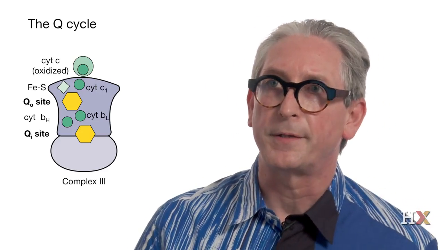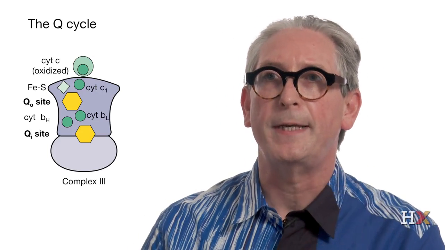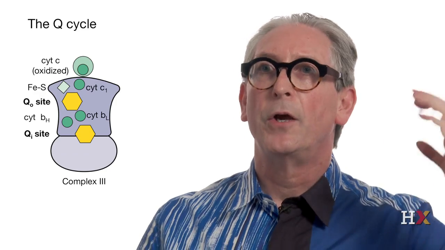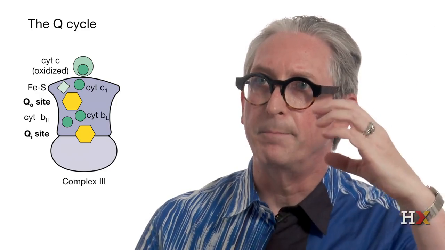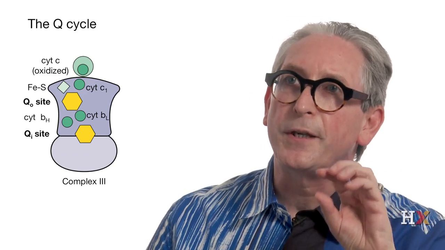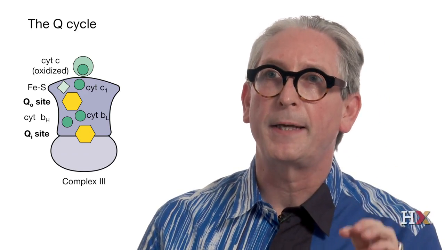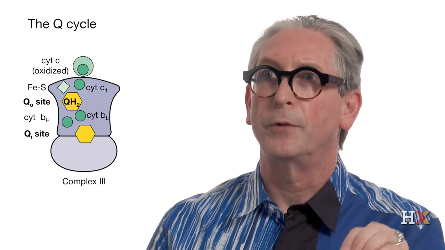It's a multi-step process. In the first step, complex 3 has a molecule of oxidized cytochrome C that is bound to cytochrome C1. Its Qo site is occupied by ubiquinol, the fully reduced coenzyme Q, QH2.